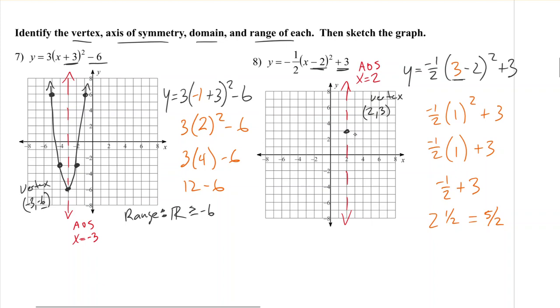So 3, 2.5, right there. We move to the other side of the axis of symmetry. That would be 1, 2.5. Next, what will we plug in? How about a 4?